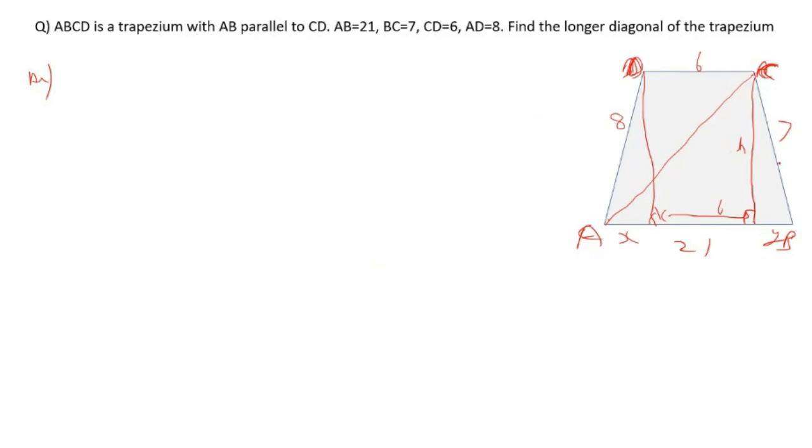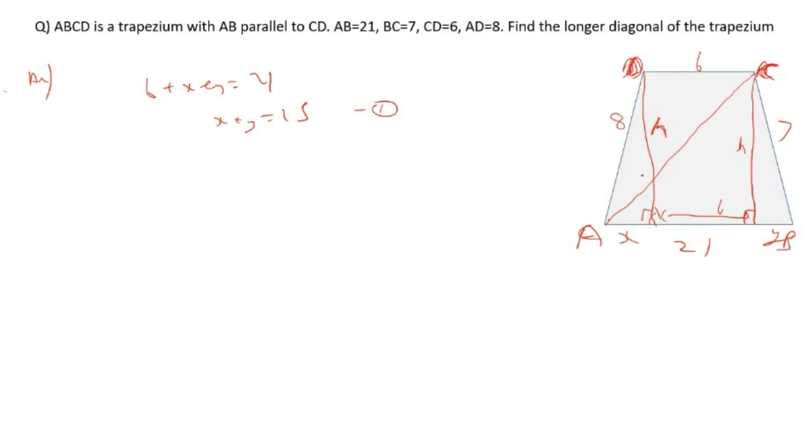Here it is not isosceles, so we need to work for it. So 6 plus x plus y will be 21, x plus y will be 15. This is h, this will be h. So this is one equation. We need one more equation.